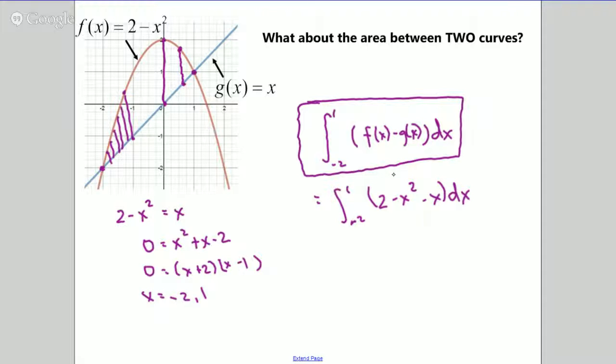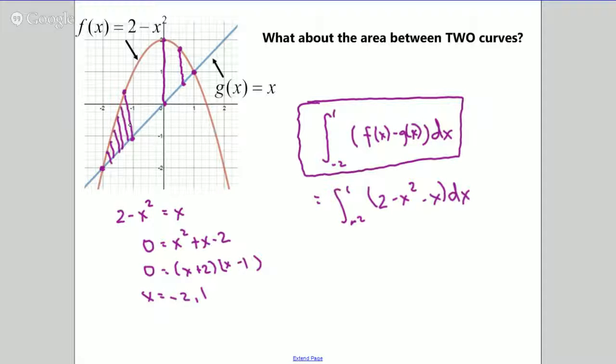When you're finding area between two curves, you are never going to get a negative answer. And here's why. Even though, let's say, you have a height of approximately 1/2 here and approximately -1 here, if you do top minus bottom, so 1/2 minus a -1, you're going to get a +1.5, right?